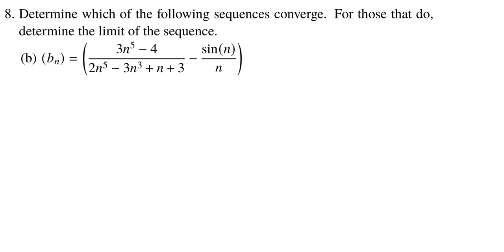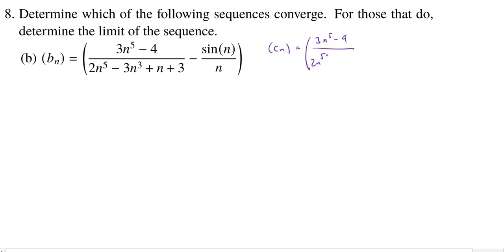Since we have this minus in between these two pieces, it's probably going to be very handy to consider two other sequences. Let's define c sub n equal to (3n^5 - 4) over (2n^5 - 3n^3 + n + 3), and another sequence, d sub n, that's going to be sine of n over n.